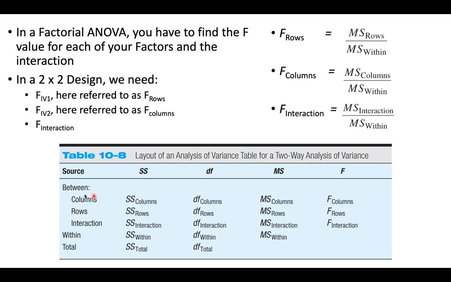And then each of our individual variables provides variance. And then the interaction between our two variables provides variance. And we'll end up with an F test statistic for each of those 3 effects.